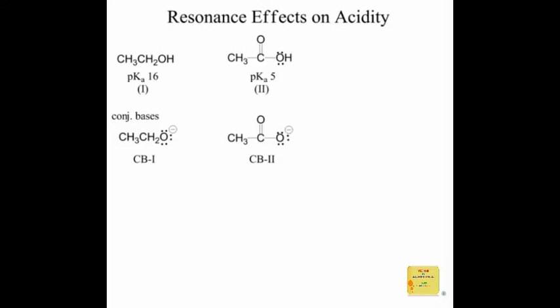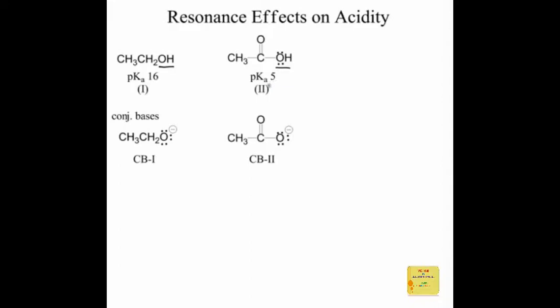Now let's take a look at using resonance to help stabilize a conjugate base and what effect that might have on the acidity. If we take a look at these two OH-bearing compounds, these both have OH groups, so they can be reasonably acidic. But this one has a pKa of 16 and this has a pKa of 5. Now again, that's 11 zeros.